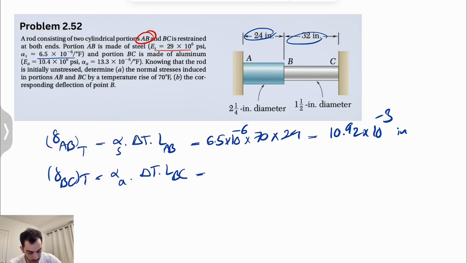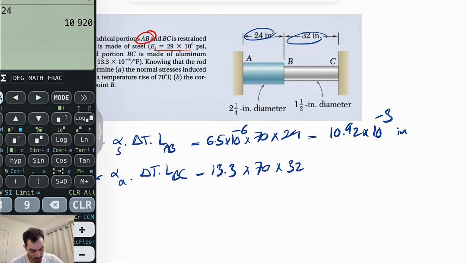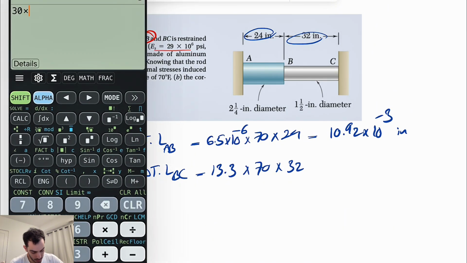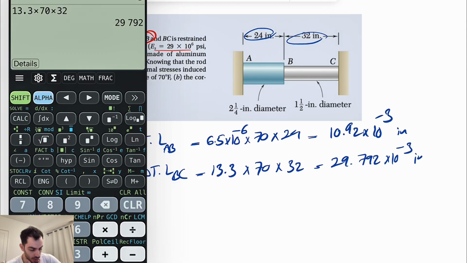Very similar story for the other one: 13.3, 70, and the length this time is 32. So 13.3 times 70 times 32 is going to be 29.792 times 10 to the minus 3 inches.